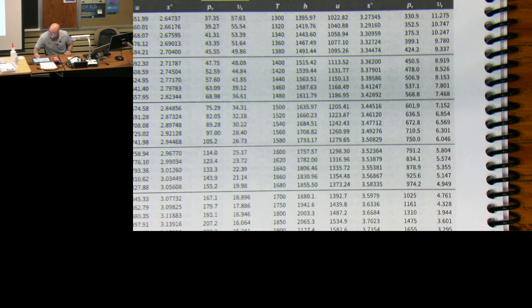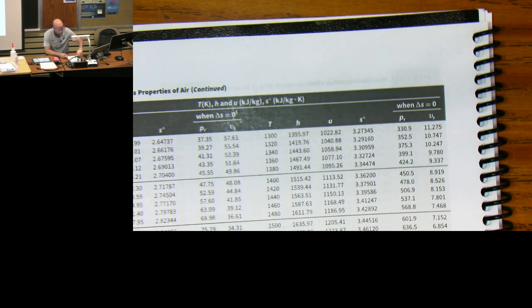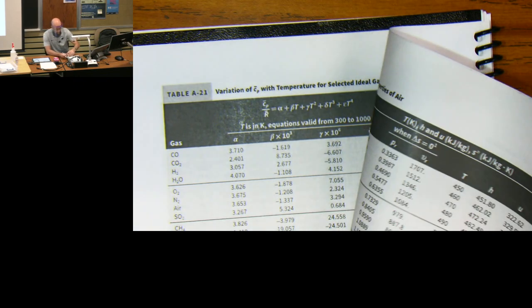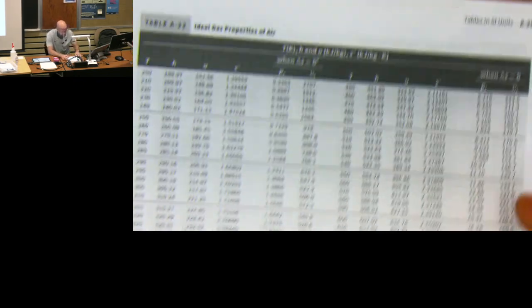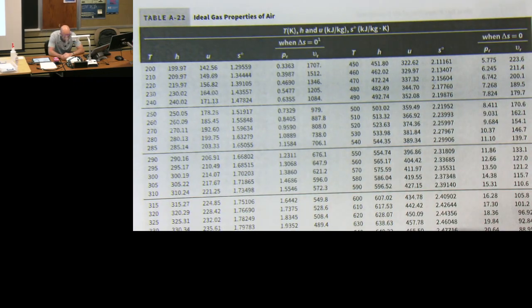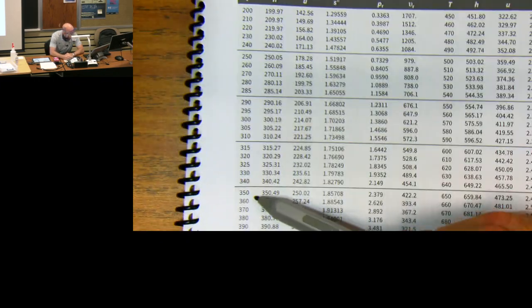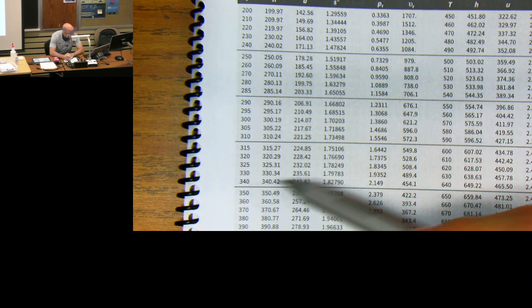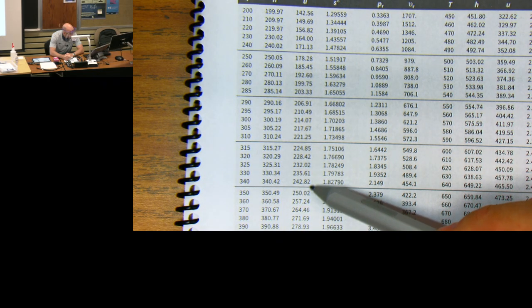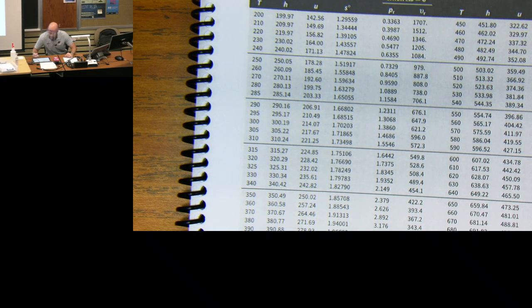And U3, from 348, well, that's going to be on the previous page. 348 is going to be between these two numbers for internal energy, and we're going to get a value of 248.9 kilojoules per kilogram. Okay, so I should make a note here: from interpolation.